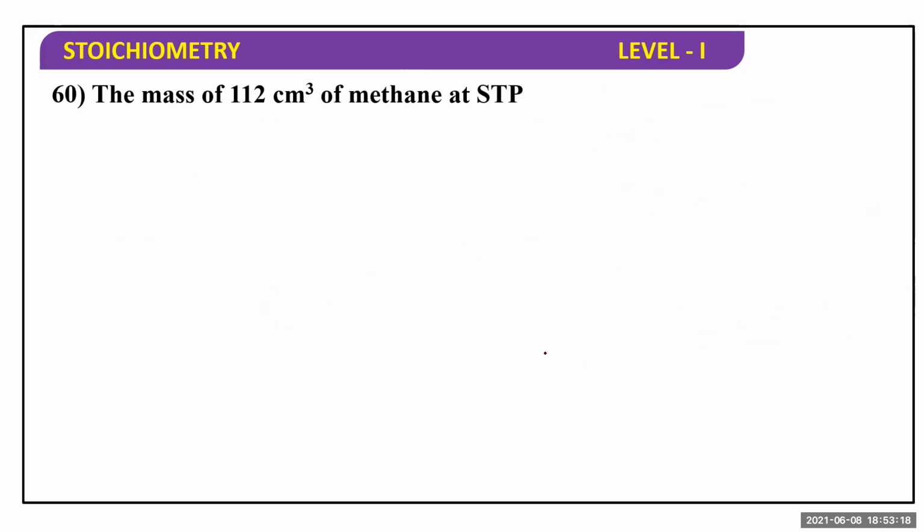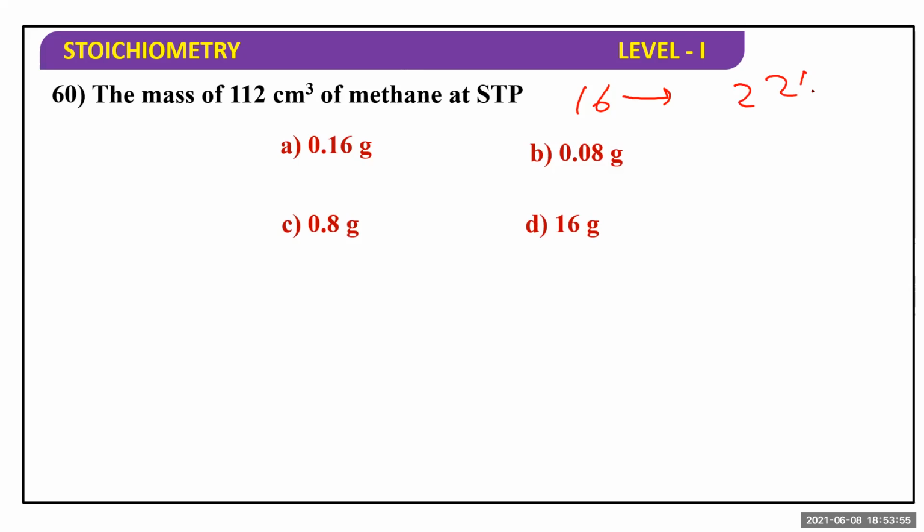The mass of 112 cm cube, that means cc, of methane at STP. You know the molecular weight of methane is 16 gram. So 16 gram equals 22.4 liter, that is 22400 ml. You should calculate in gram: 16 gram equals 22400 ml or centimeter cube.